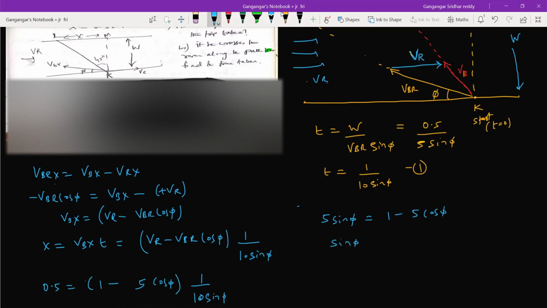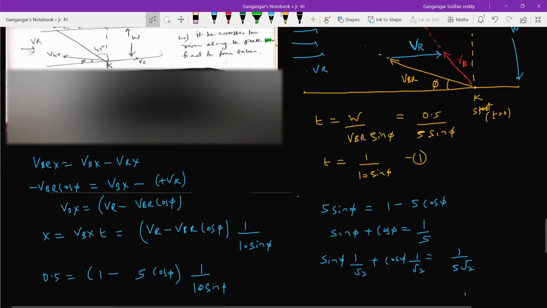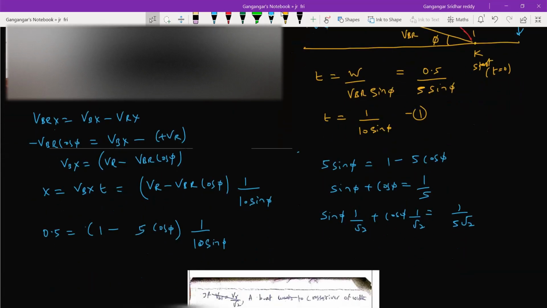So sin phi plus cos phi equal to 1 by 5. Adjust with 1 by root 2. Sin A cos B plus cos A sin B, 1 by 5 root 2. So this will become the sin A sin B formula. Sin of phi plus pi by 4 equals 1 by 5 root 2.